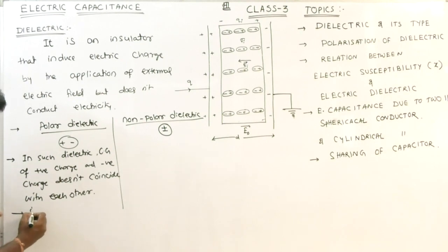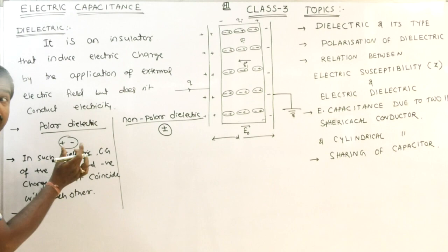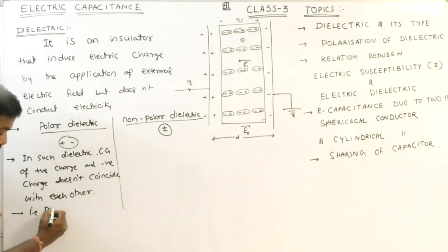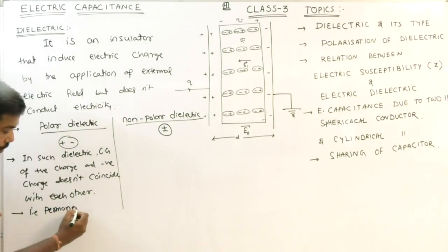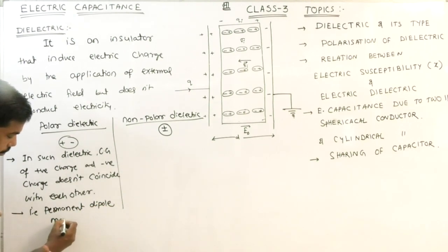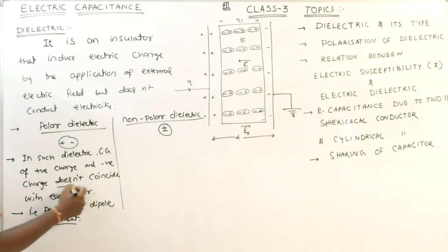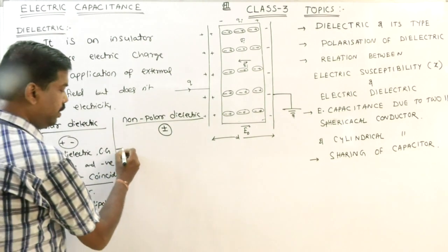It means positive and negative charges are a distance apart. That is permanent dipole moment. Clear? In such a dielectric, the center of gravity of positive charge and negative charge does not coincide with each other.